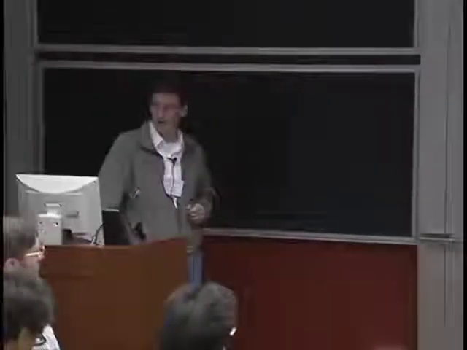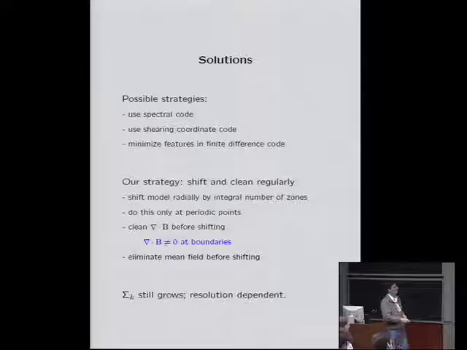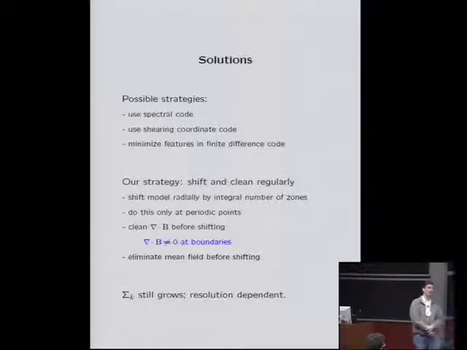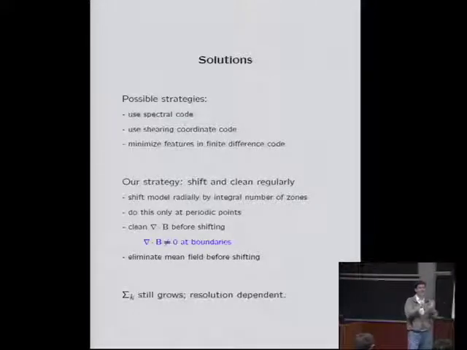When we see growth in these models, sigma k still grows. The phase becomes random once we implement this shifting and cleaning algorithm. But again, it's interesting, it's suggestive. There's a host of numerical issues to worry about there.